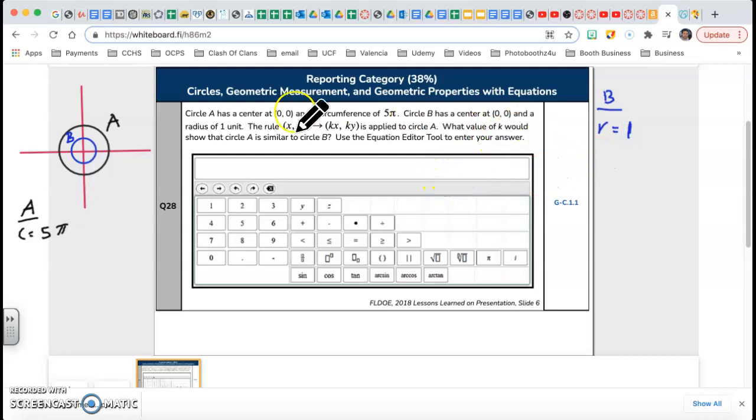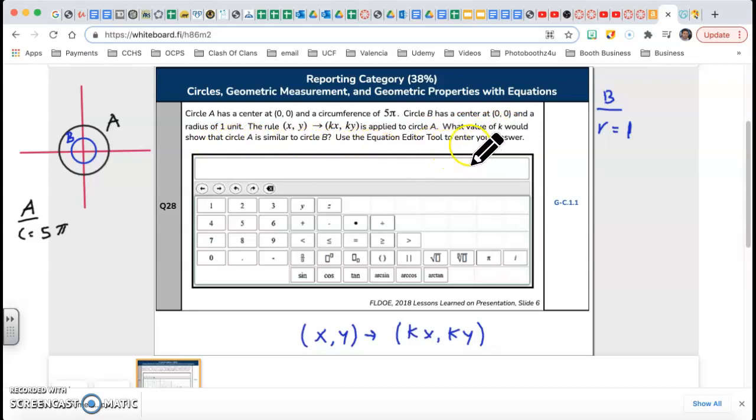Now the question is, the rule (x, y) is transformed into (kx, ky). So that's a dilation. It's applied to circle A, so my original circle is A. What value of k would show that circle A is similar to circle B?